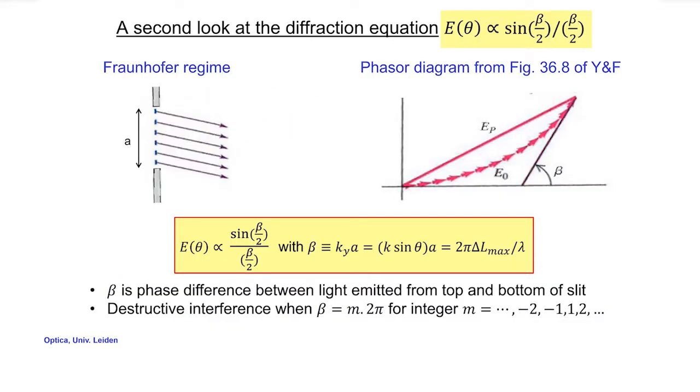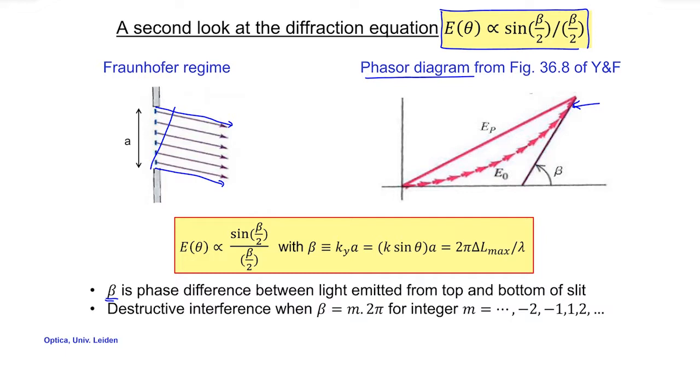This slide gives a second look at the diffraction equation and is mainly meant to understand this phasor diagram in the book of Young and Friedman. I already mentioned that beta is the phase difference between light emitted from the top and the bottom of the slit.